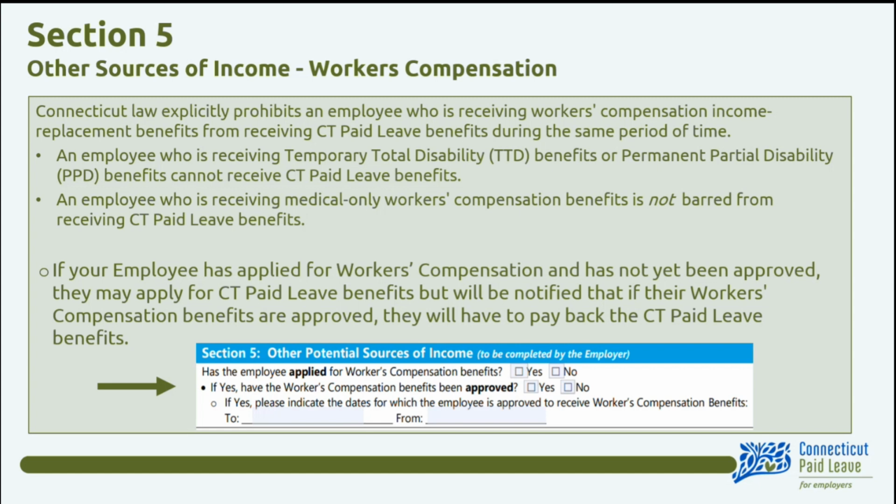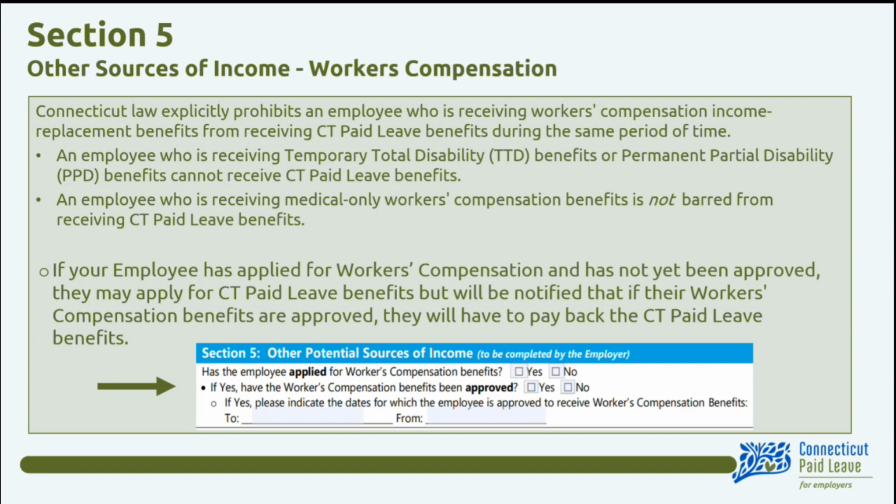Therefore, at the top of Section 5, we ask if your employee is receiving any workers' comp income replacement benefits. If they are, they are ineligible to receive Connecticut paid leave benefits during that period of time. If they are receiving medical-only benefits through workers' compensation, that is not a bar.